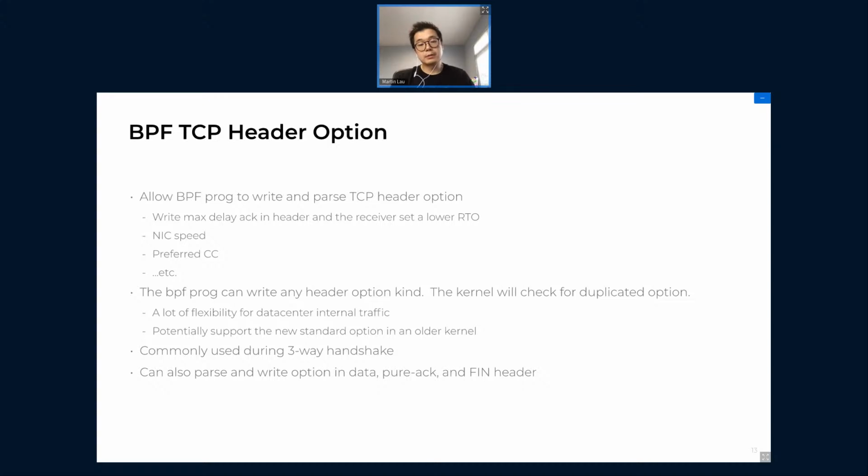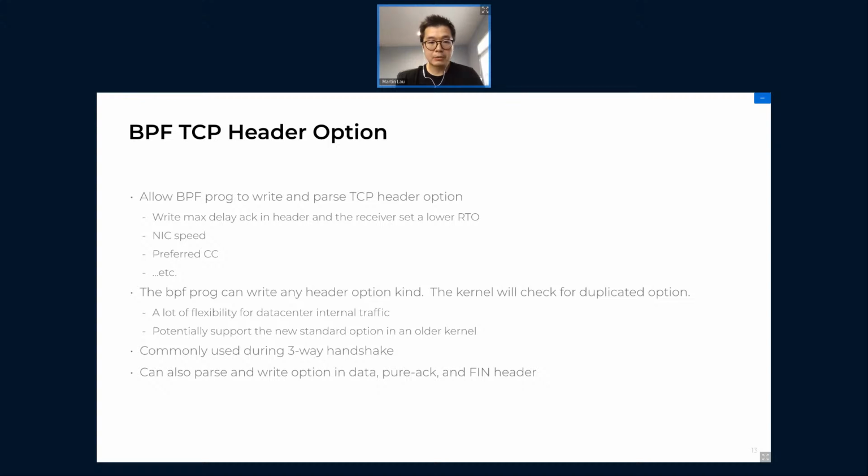So right now, what the BPF program can do is write any header option kind. That means we don't restrict what it can write, but the kernel will definitely check for duplicated options and check whether the option format is correct or not.